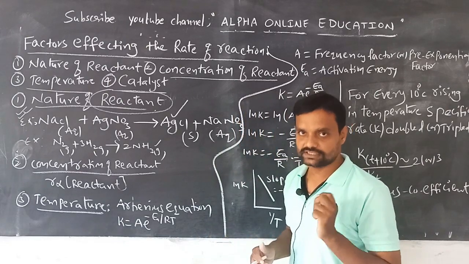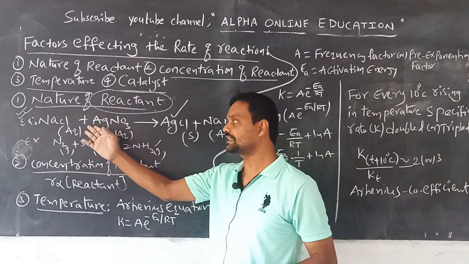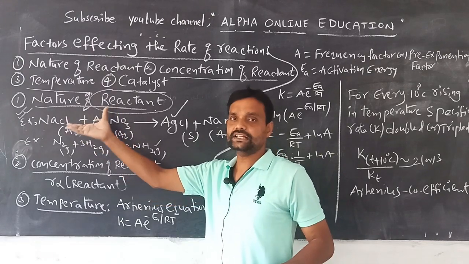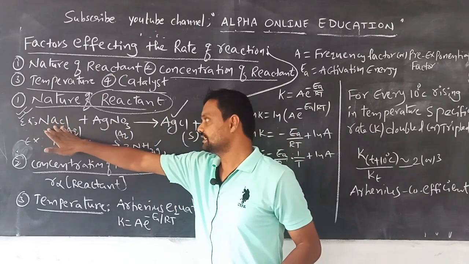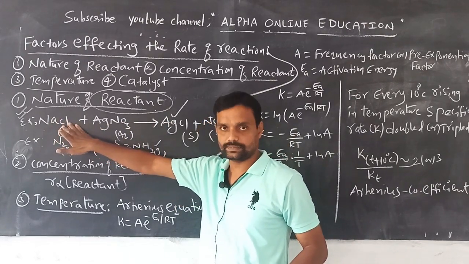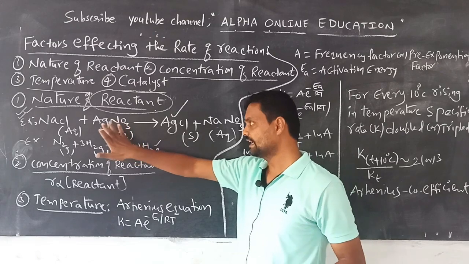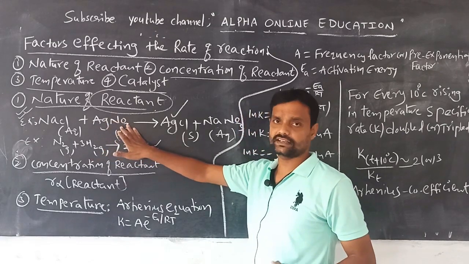In ionic reactants, only attraction between the ions is present. In NaCl, Na+ and Cl- ions are present. In AgNO3, Ag+ and NO3- ions are present.